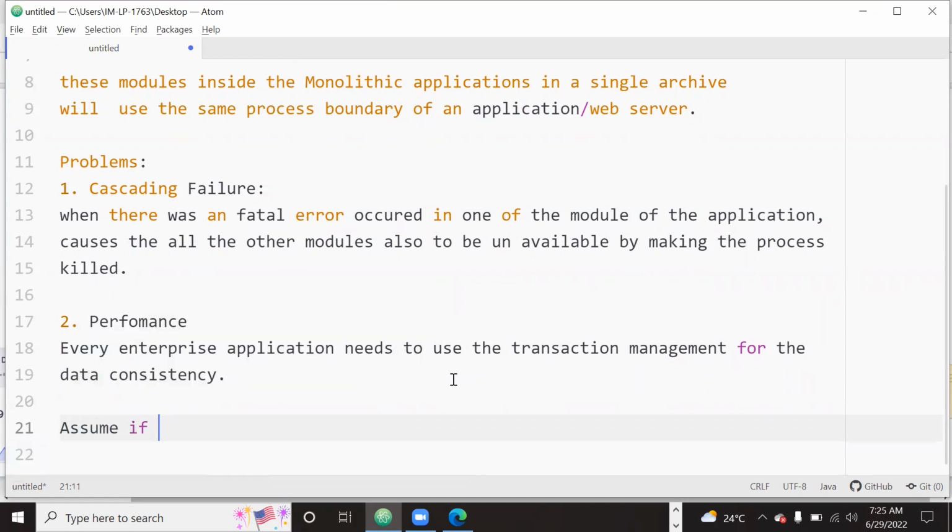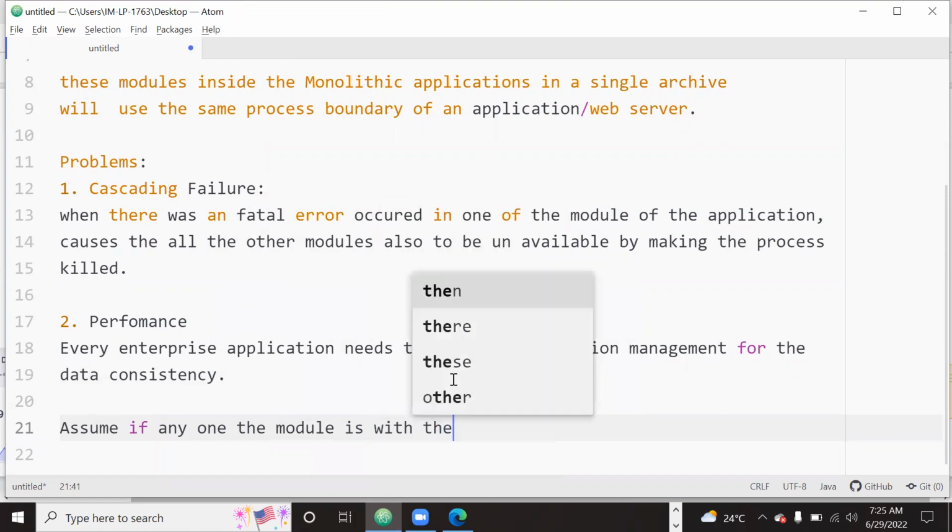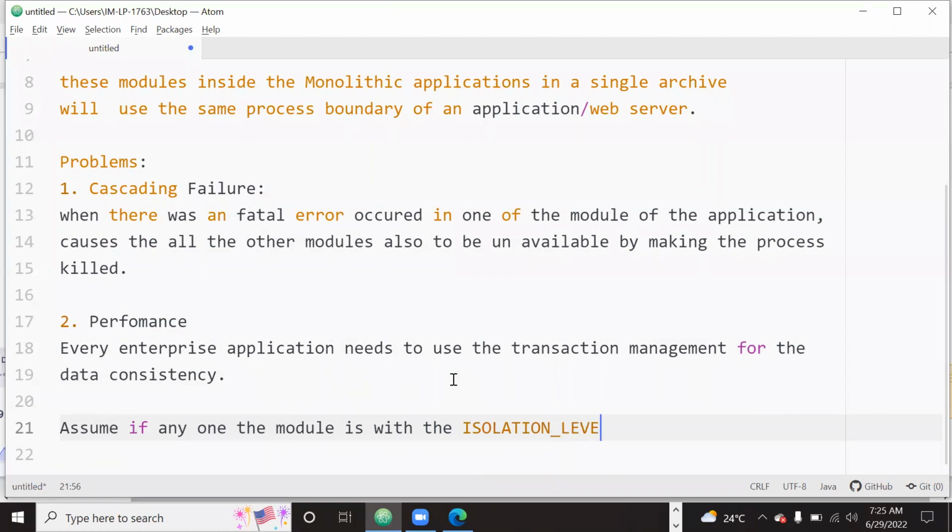Assume if any one of the modules is with the isolation level serializable.